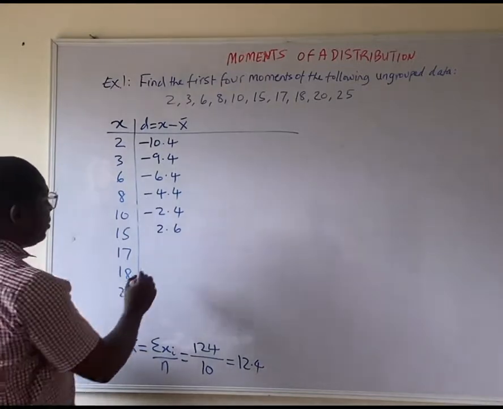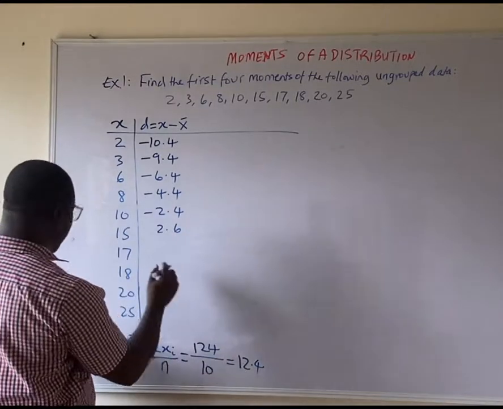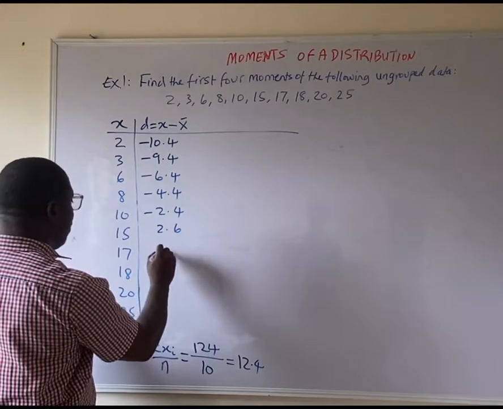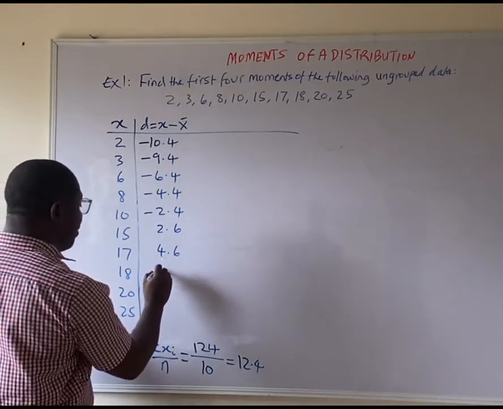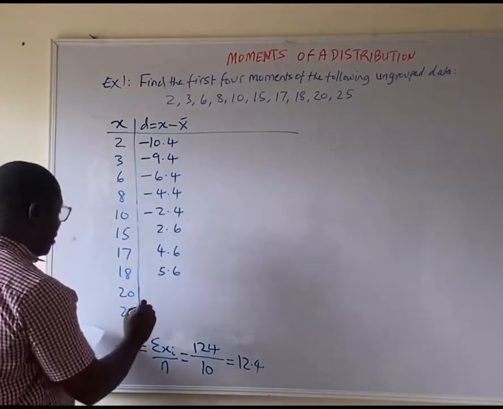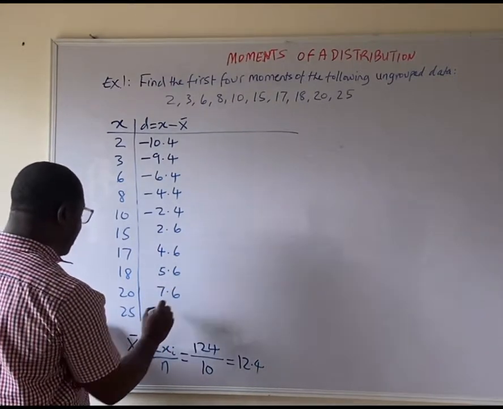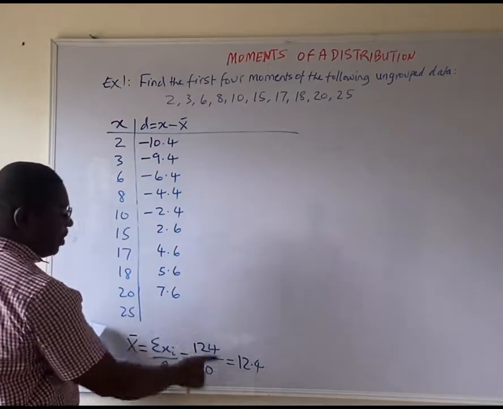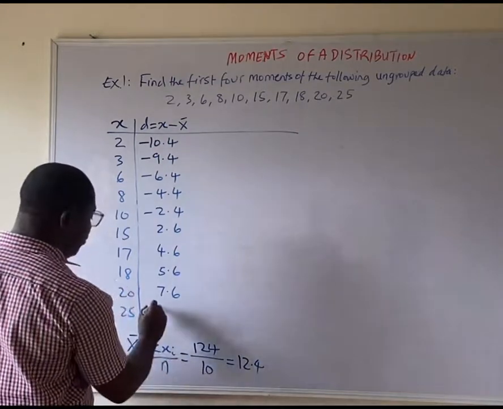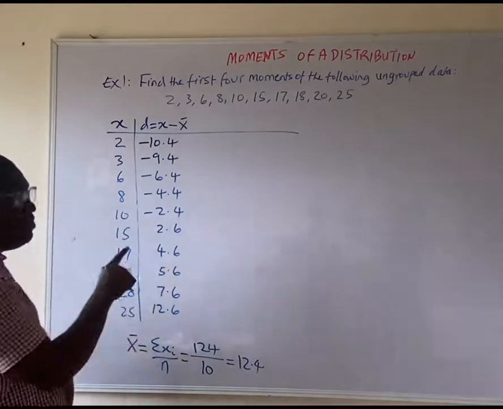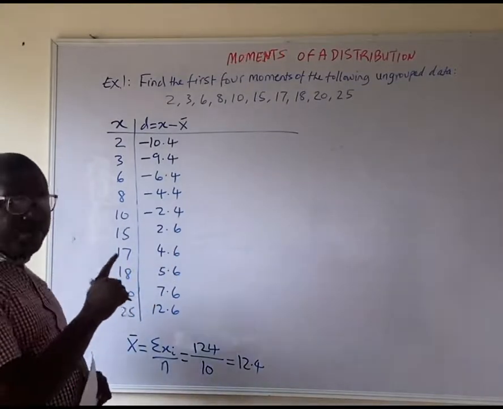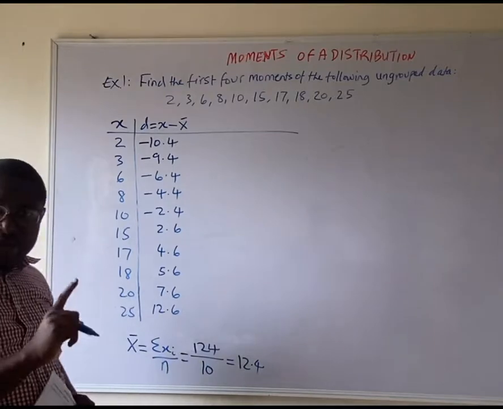Then the next one, 17 minus 12.4 will give us 4.6. The next one will give us 5.6. The next one will give us 7.6. And 25 minus 12.4 will give us 12.6. So these are the deviations from the mean, the first degree of deviation.